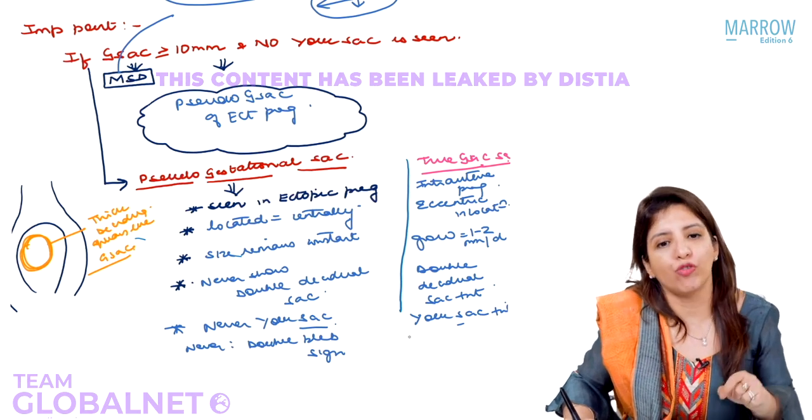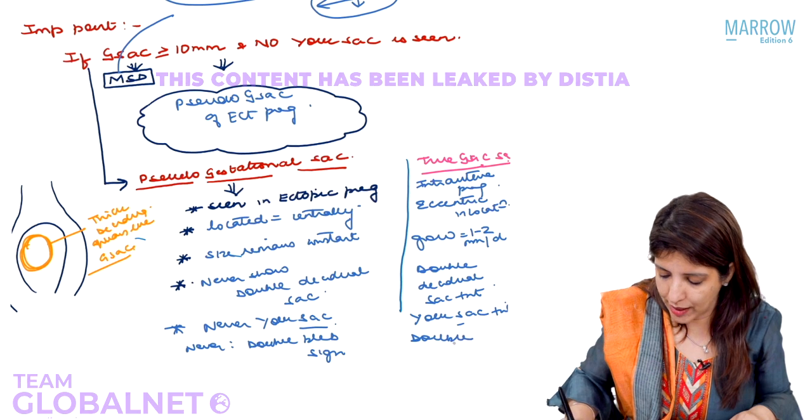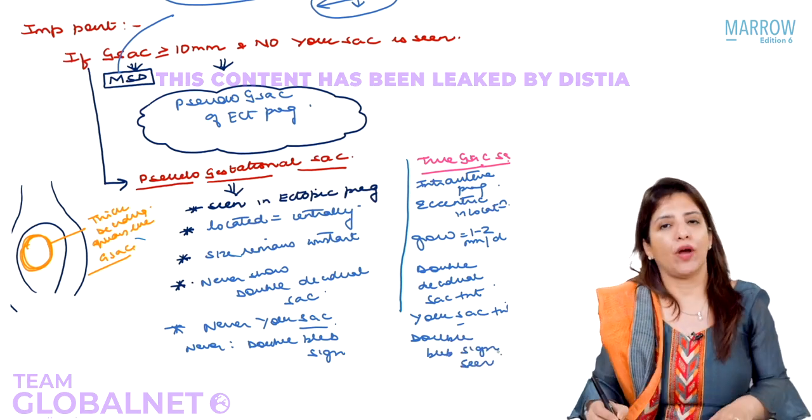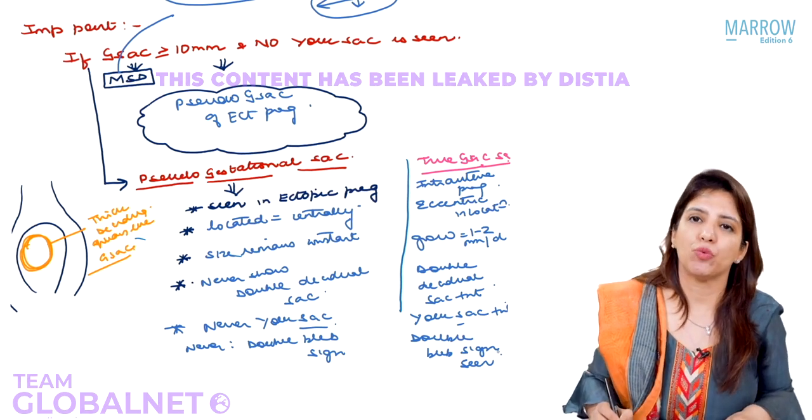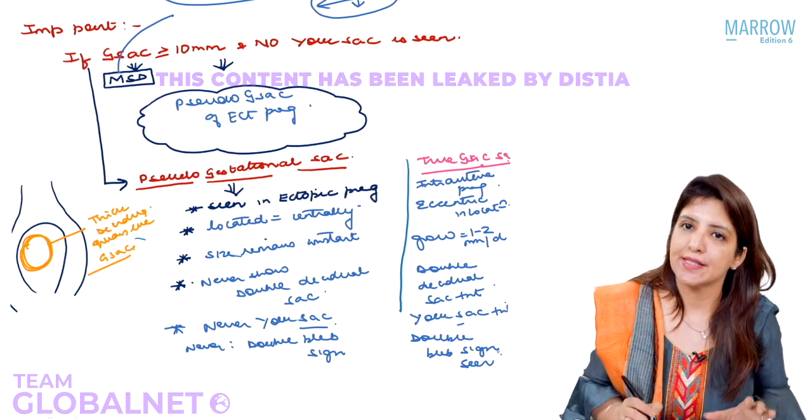Whereas in case of true gestational sac, because yolk sac will be present, double bleb sign will be seen. Right? So that is how you distinguish between a true gestational sac and a pseudo-gestational sac.